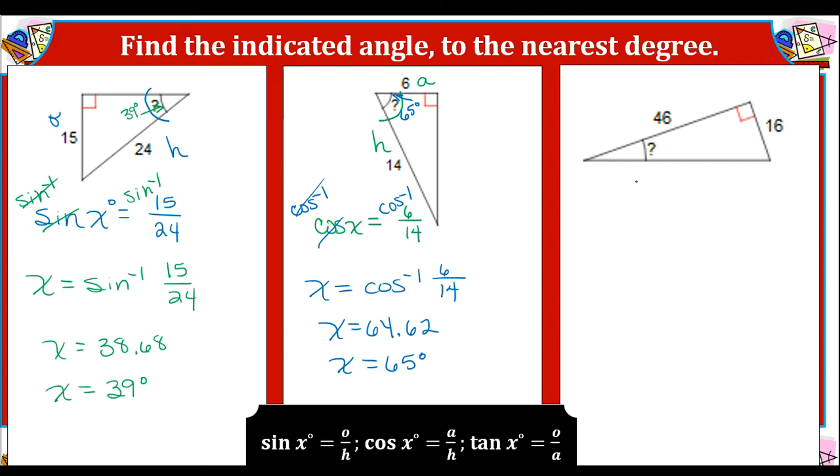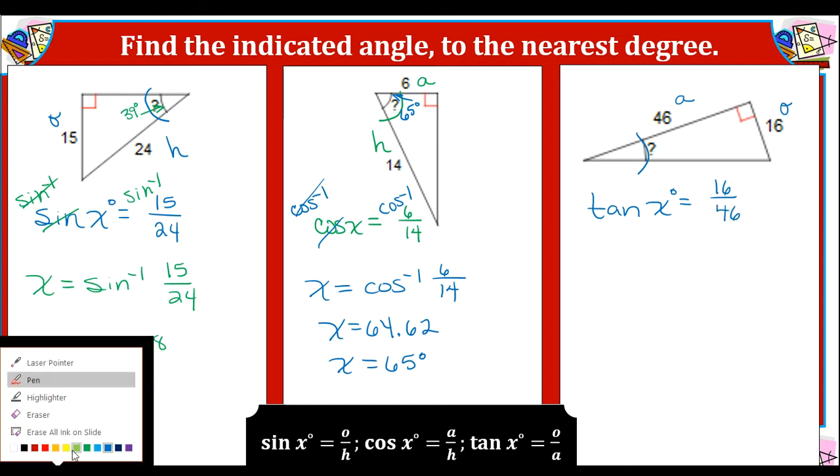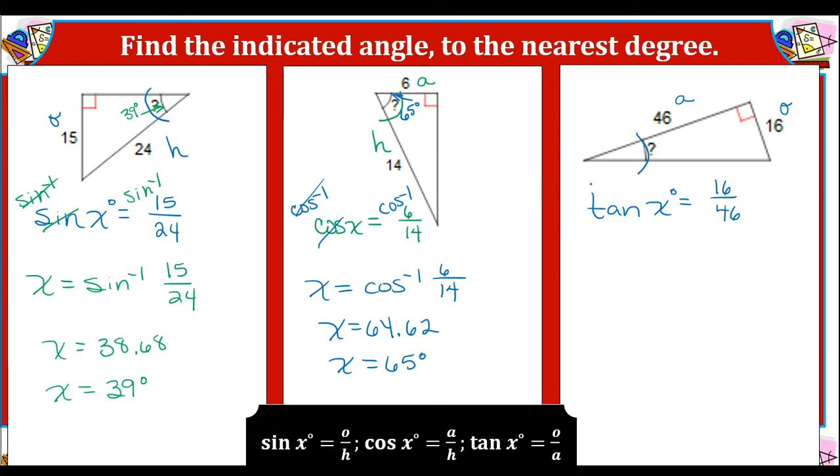Okay, and our last one. Here's our reference angle. We know the opposite. We don't know the hypotenuse, but we do know the adjacent. So opposite over adjacent is tangent. So the tangent of some angle measurement is equal to 16/46. We're going to undo, so we're going to do the inverse of tangent on both sides.